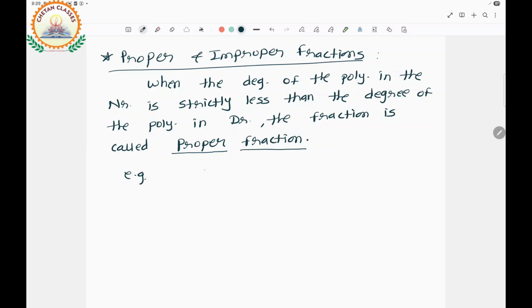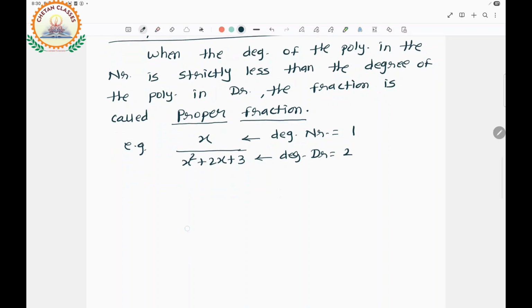For example, x upon x square plus 2x plus 3. So here degree of numerator is equal to 1 and here degree of denominator is 2. So 1 is less than 2. So this is an example of proper fraction.